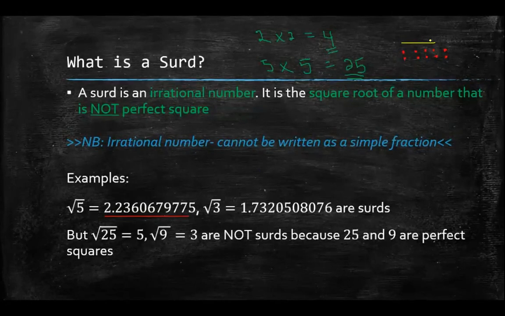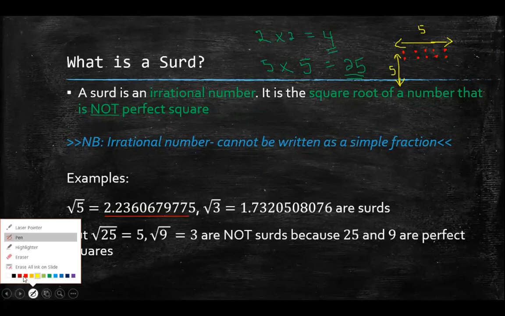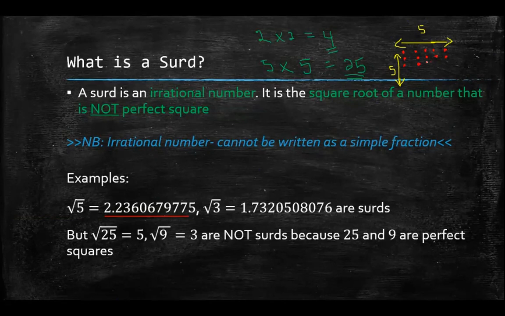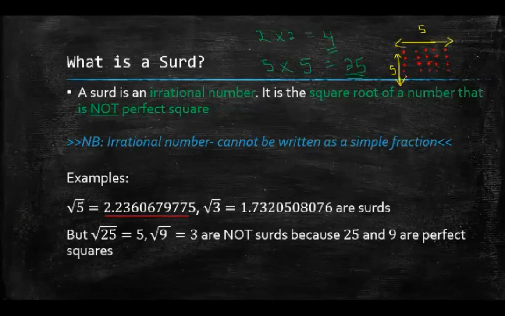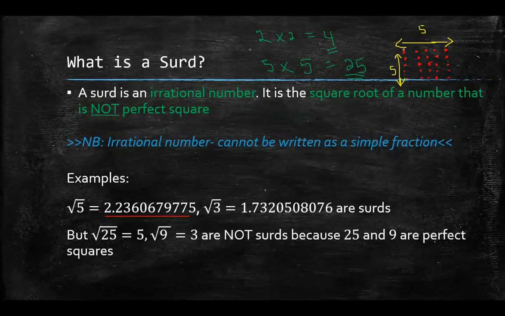I have 5 going across here, and I need to make sure I have 5 coming down. 1, 2, 3, 4, 5. So I have 5 dots coming across, 5 different columns, and 5 rows. And if you add up all these dots, 5, 10, 15, 20, 25, 25 dots in total.